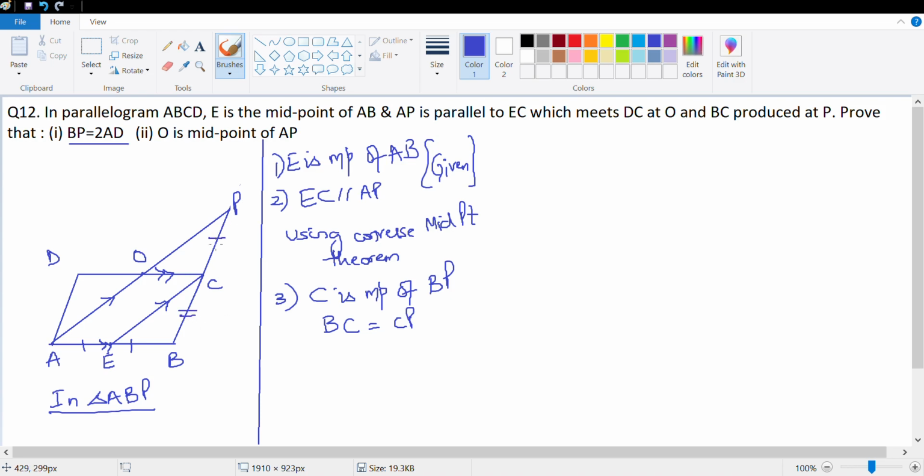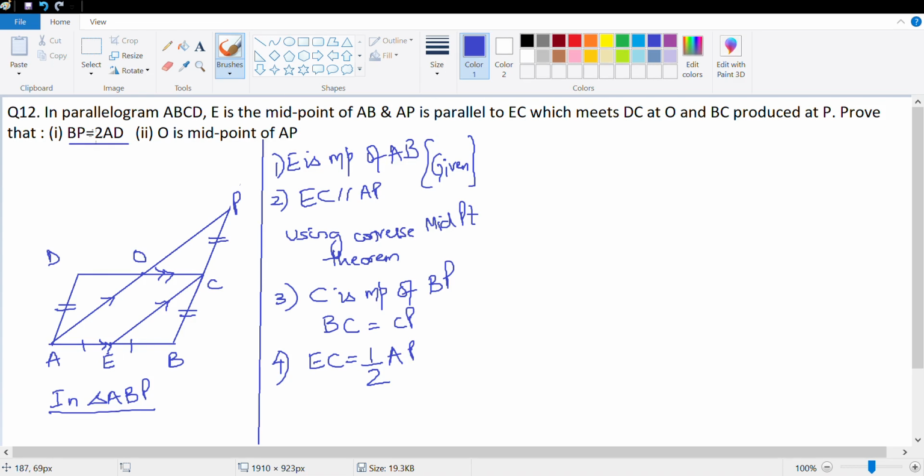But I already know that BC is equal to AD, so let me mark that as well. Why is BC equal to AD? Because these are opposite sides of a parallelogram. Number 4 that I'll get would be EC equal to half of AP. Why? Converse midpoint theorem, E and C are midpoints.